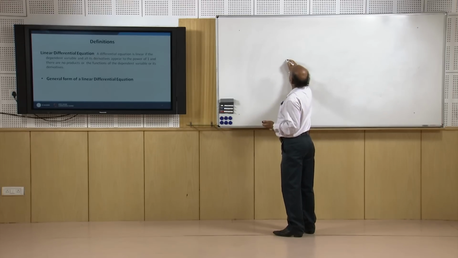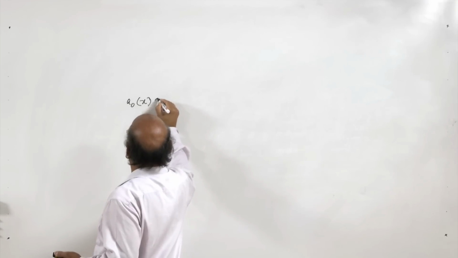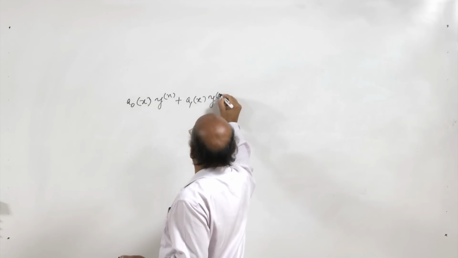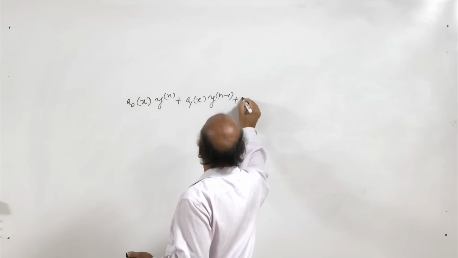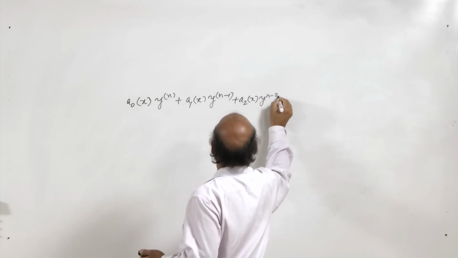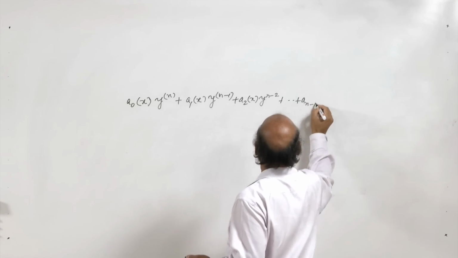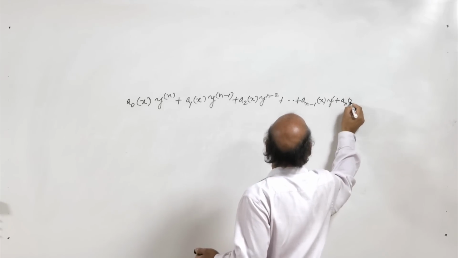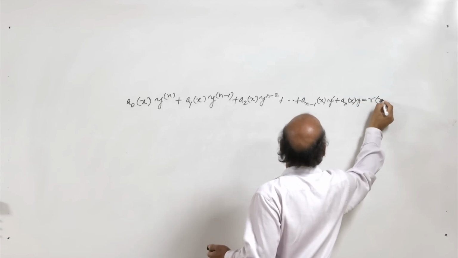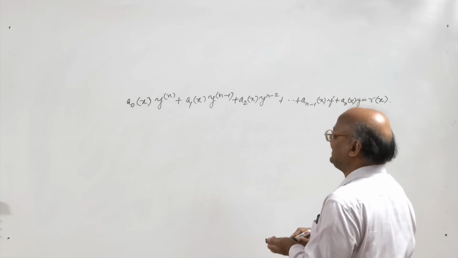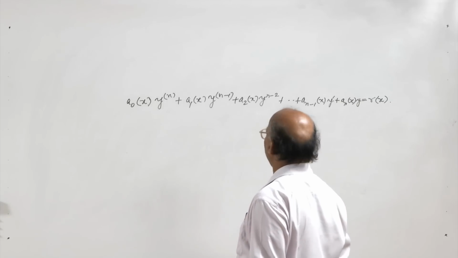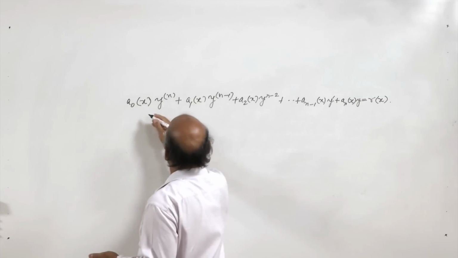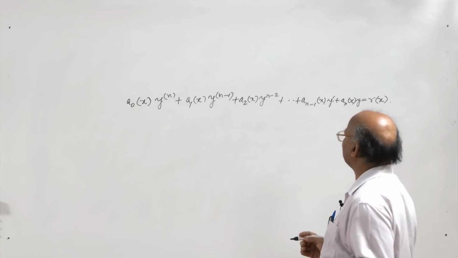An nth order linear differential equation is of the form a naught(x) y^(n) plus a1(x) y^(n-1) and so on, plus an(x) y equal to r(x), where a naught(x), a1(x), a2(x), a(n-1)(x), an(x) and r(x) are functions of x.